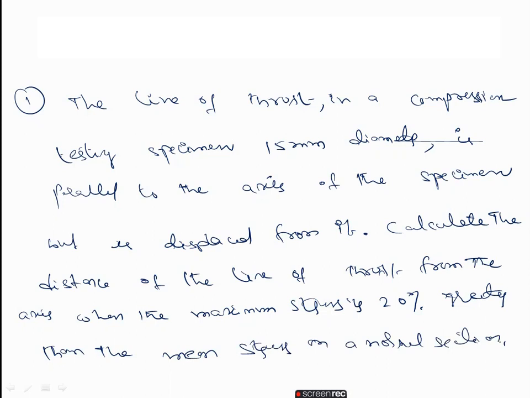This is a very important problem. If you observe here, the line of thrust in a compression testing specimen has a 15 mm diameter, so it is a circular section.